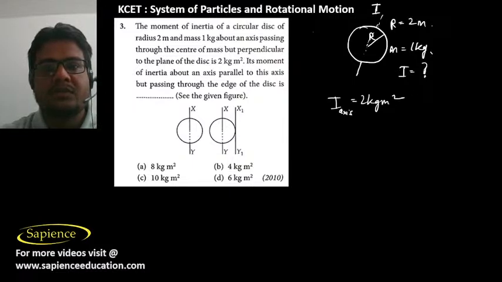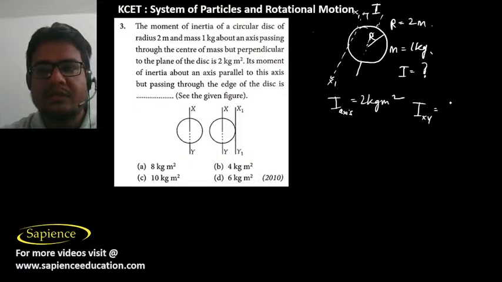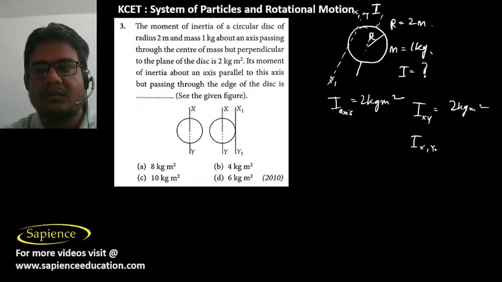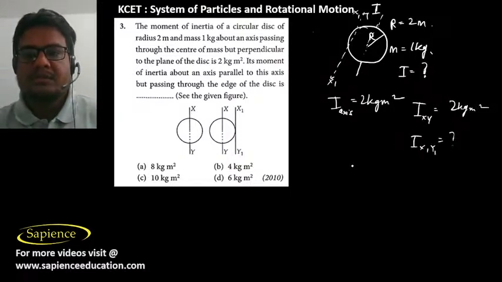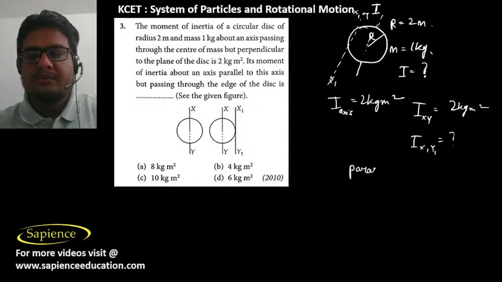Its moment of inertia about an axis parallel to this axis but passing through the edge of the disk. It means along x1 y1. It means that Ixy is given as 2 kg meter square. So Ix1 y1 we have to find. So here we have to apply the parallel axis theorem.